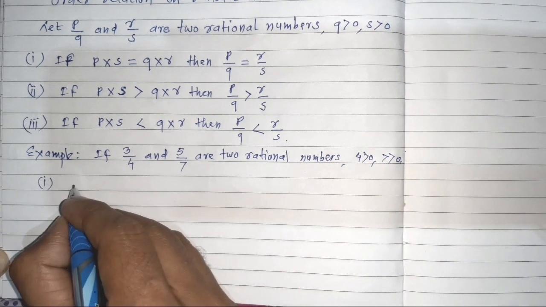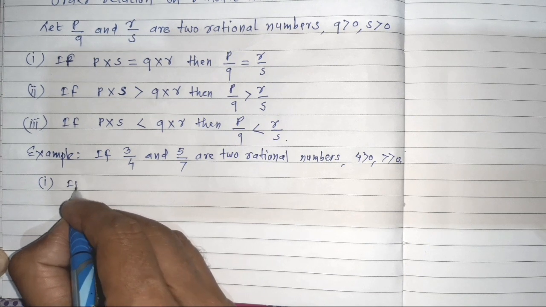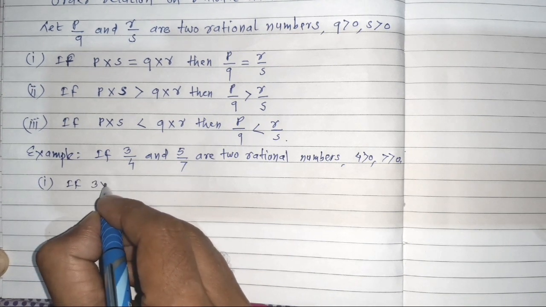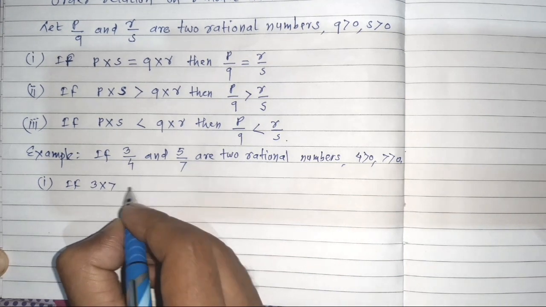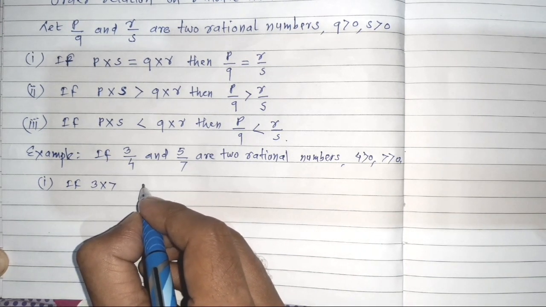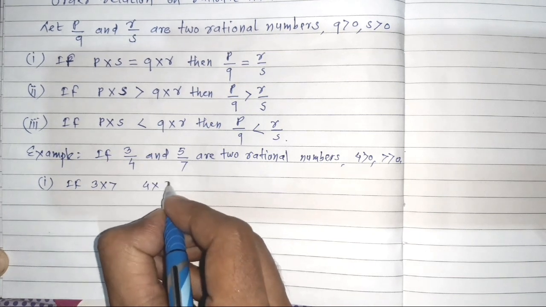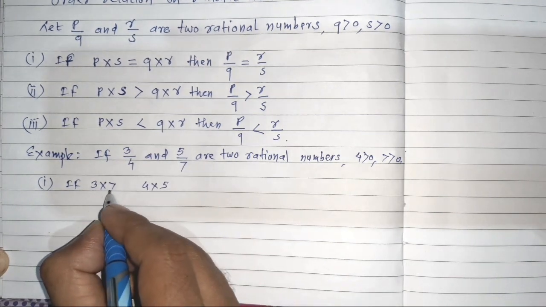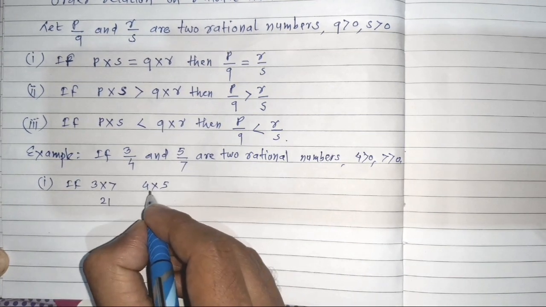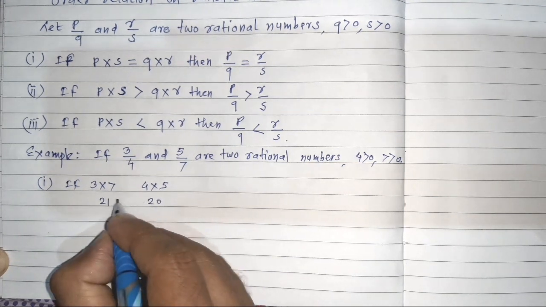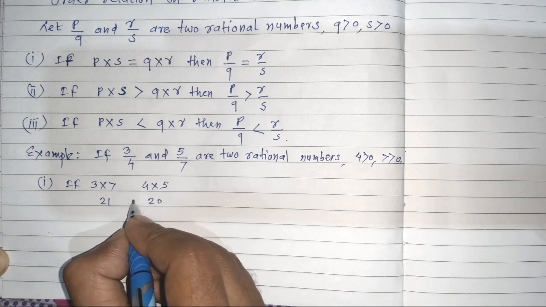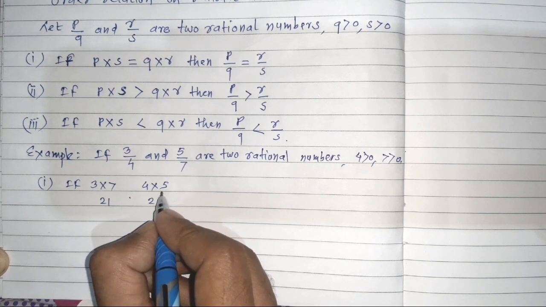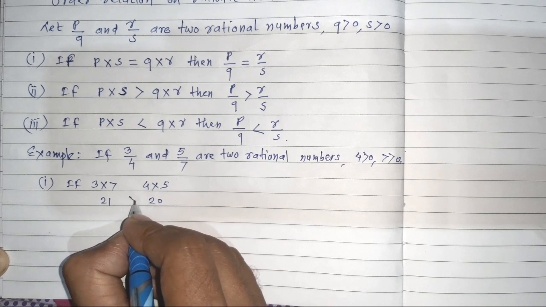We take the product of 3 and 7, and 4 and 5. 3 multiplied by 7 is 21, 4 multiplied by 5 is 20. The product of 3 and 7 is greater than 4 multiplied by 5, means 21 is greater than 20.